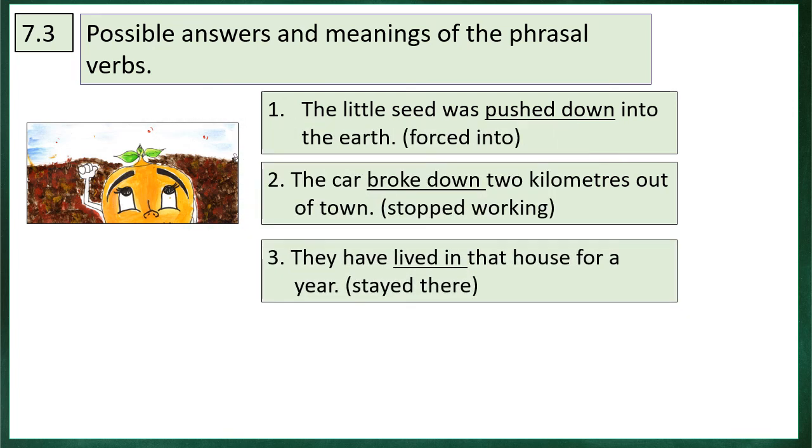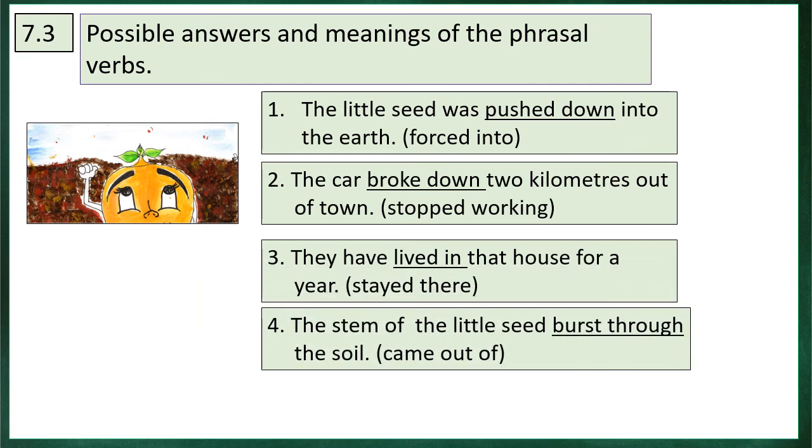Number 3, they have lived in that house for a year. Lived in, is that what you got? And it means stayed there. Number 4, the stem of the little seed burst through the soil. Did you also get burst through?